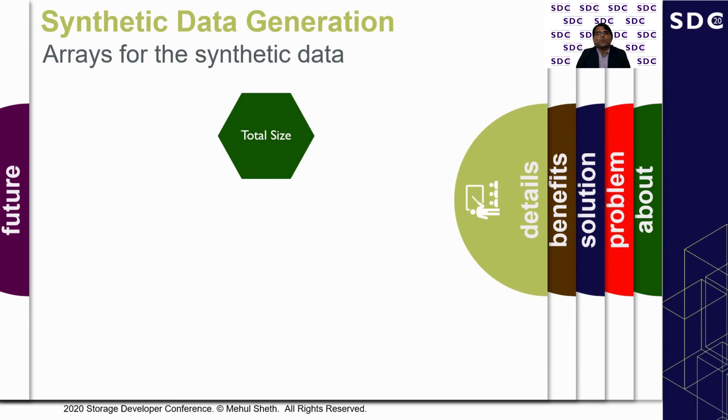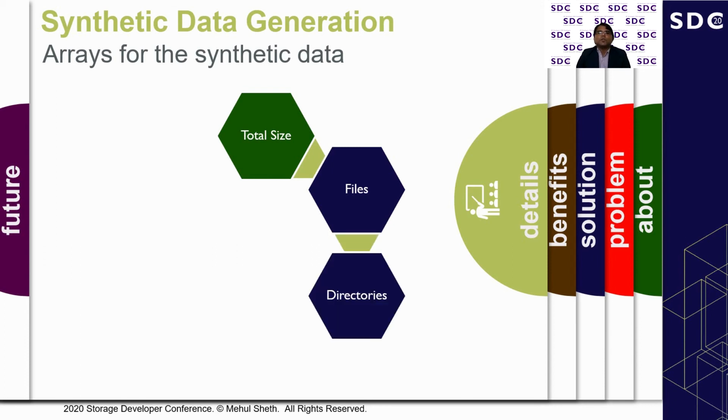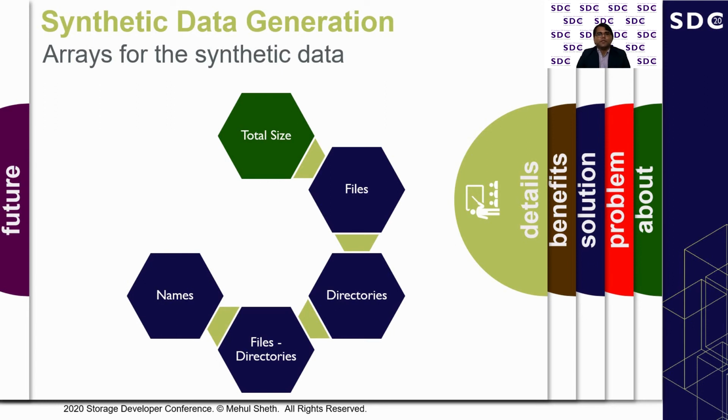The code then divides the total size into files of different size fitting the distribution. Depending on the total number of files, the directory distribution is defined. That is total directories at each level. Now the files are distributed into these directories. File names are generated. Extensions are mapped to these files.